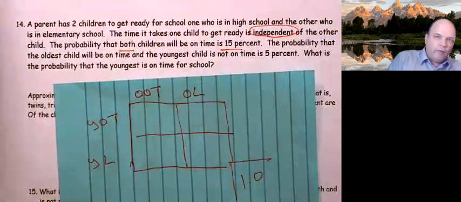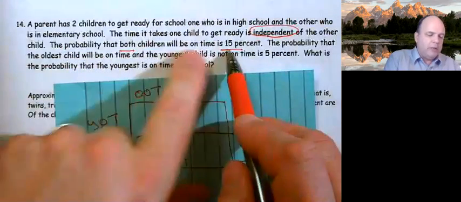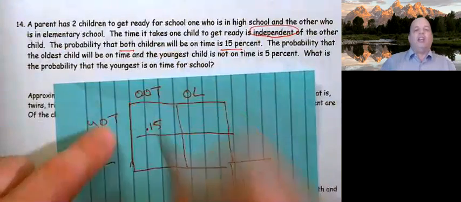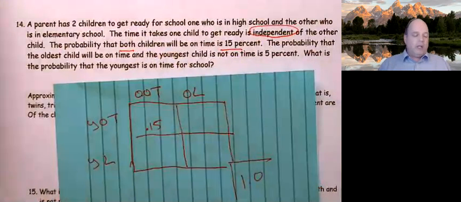When I look for a single variable, I don't see it, but the probability that both children will be on time is 0.15. There was no condition on that. They didn't say if this happens or if that. They just said, hey, both children are on time 15% of the time. So that goes there.